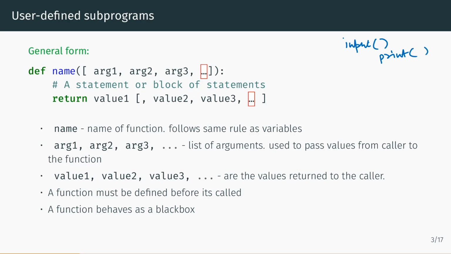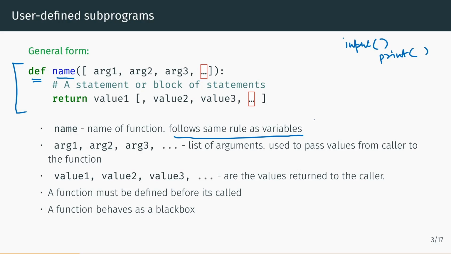The general form of how to define a function looks like this. You start with def, which stands for define. It is a Python reserved keyword, and this is what you use to define a function. Then you give the name of the function, whatever name you want. It follows the same rules as variables, so you cannot start the name with a number.